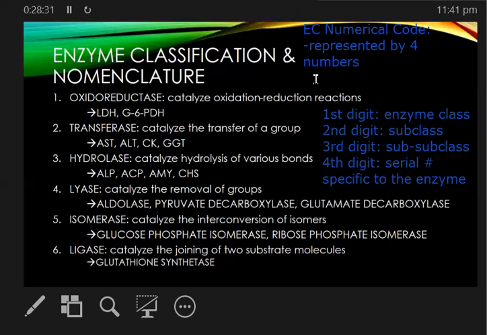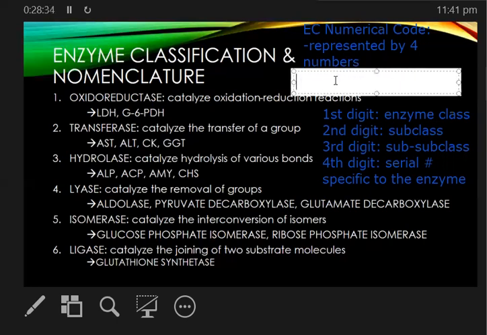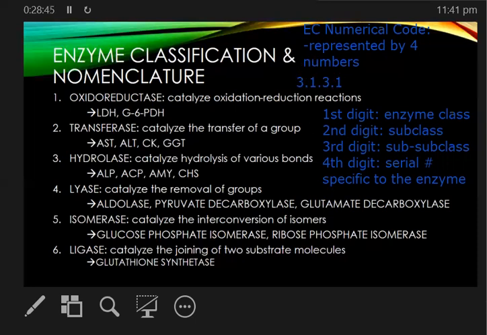And then, of course, say for example, in the case of your ALP. So what is the EC number of your ALP? So we have 3.1.3.1. All right. So as you can see, that's why I asked you to memorize your enzyme classes in this manner because, as you can see here, this is the first digit. So ALP is what type of enzyme? It's a hydrolase enzyme. And you would be able to see there number 3. Okay, so number 1, that's your subclass.